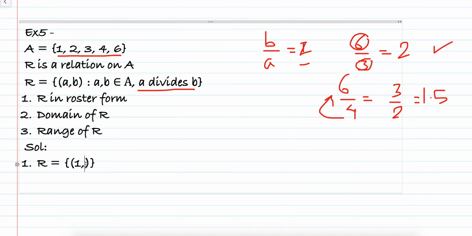Clearly 1 divides itself, then 1 divides 2, 1 divides every number. So 1 will divide 3 also, 1 divides 4, and 1 divides 6.